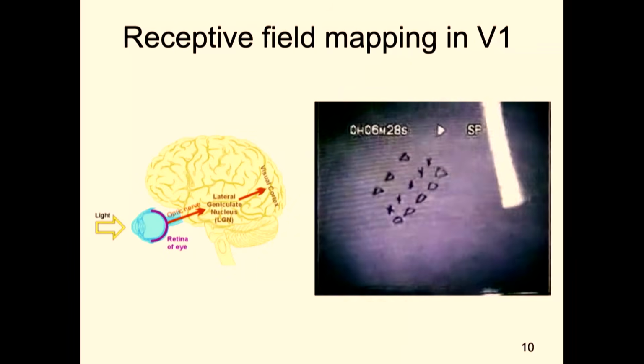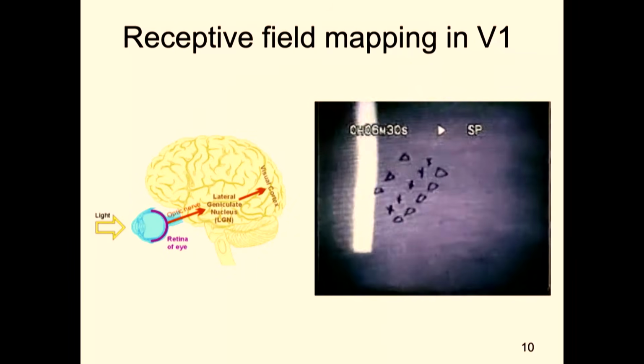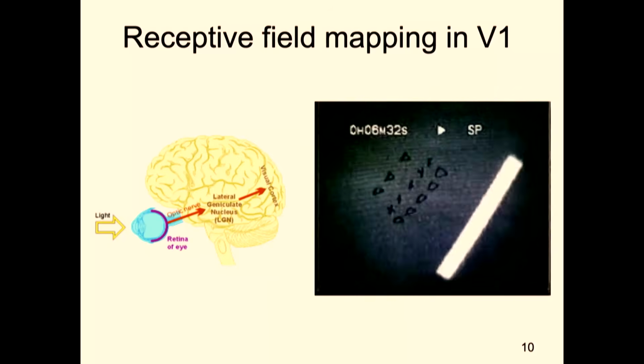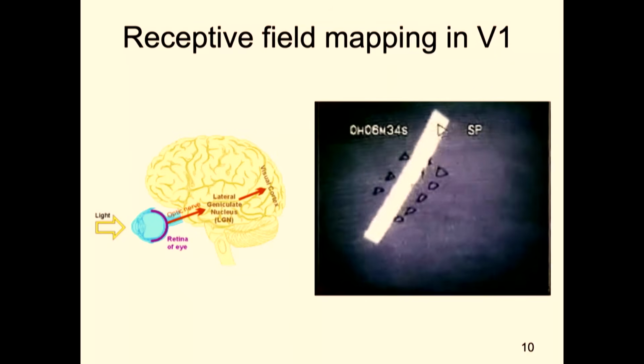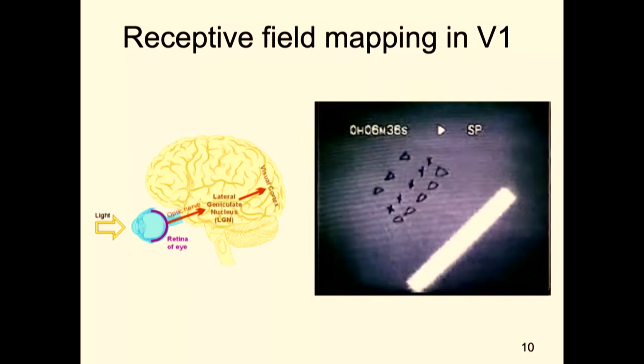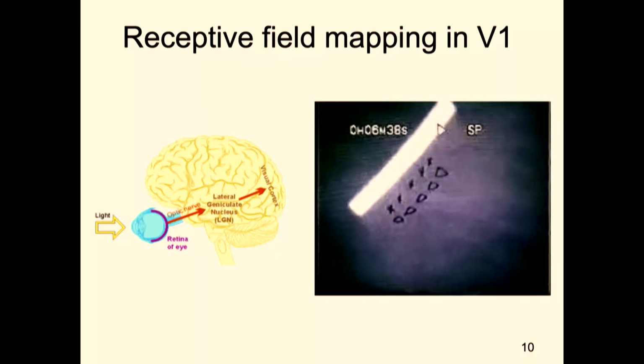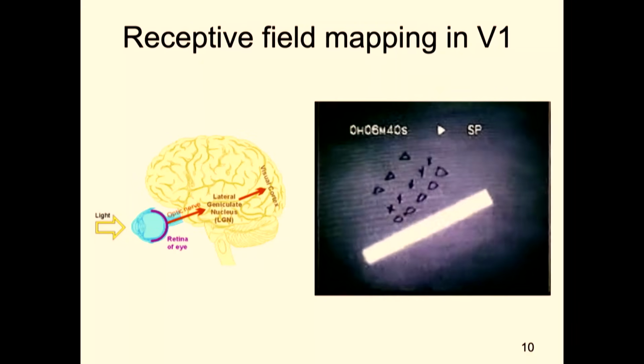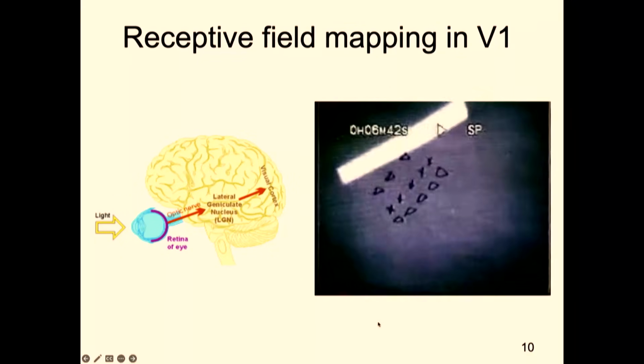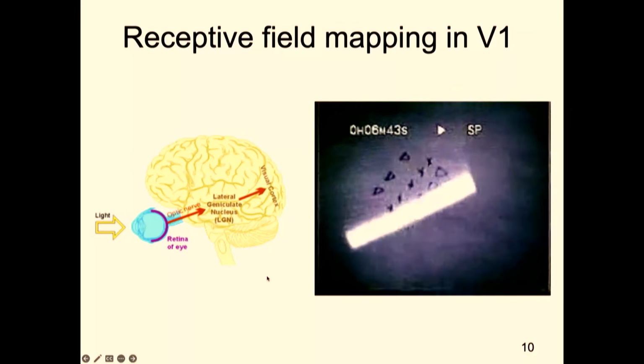See, it's orientation selective, right? So now you change the orientation, and the response changes, and then you hit the right one, you get a big response. Okay, so that's how receptive field mapping worked in the old days.